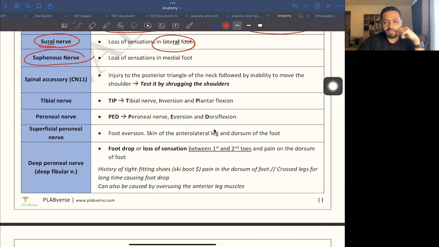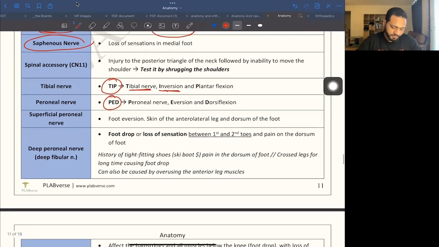The tibial nerve, so you have something called tib and ped. So differentiation between your tibial and peroneal nerve. The tibial nerve is responsible for inversion and plantar flexion of your foot, and the ped, which is the peroneal nerve, is responsible for eversion, going out, and dorsiflexion.